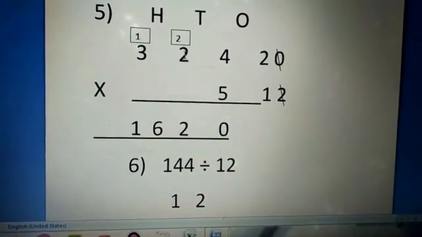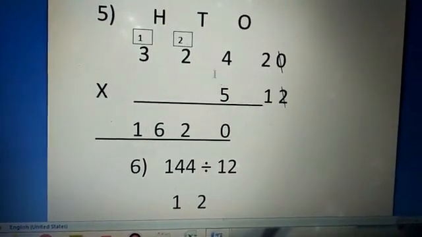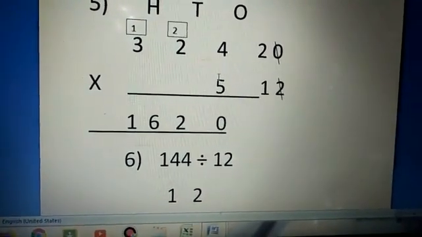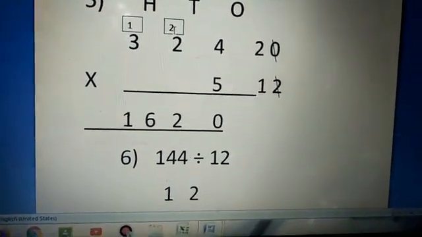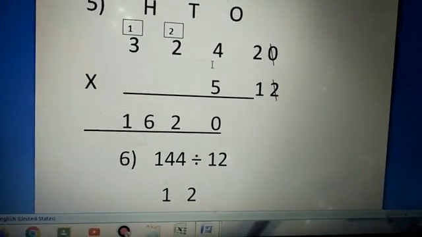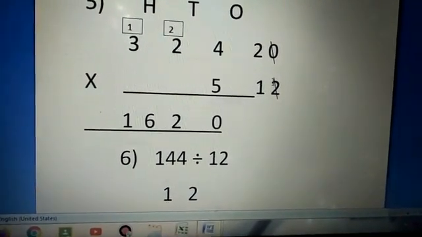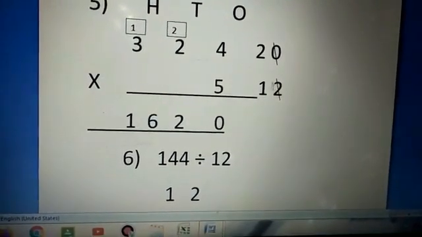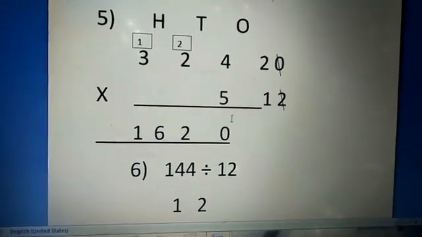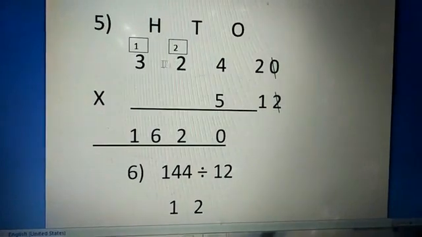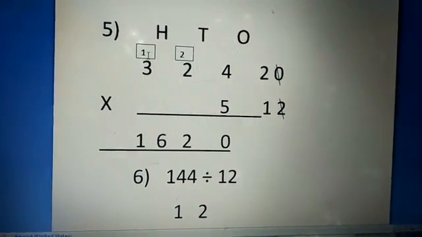Then I multiply 2 by 5. So 2 5s are 10. 10 plus 2, 12. So I cut this 2 and write it under the 10's place. Carry the remaining 1 into the 100's place.